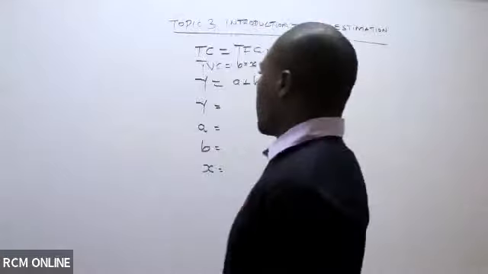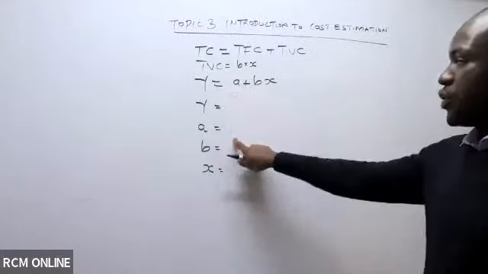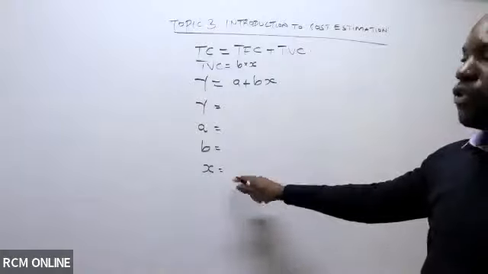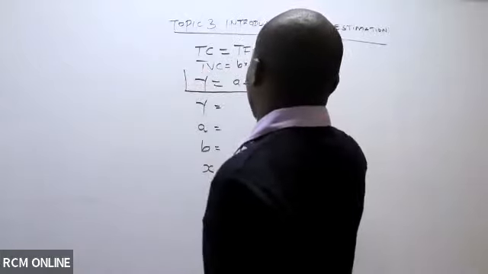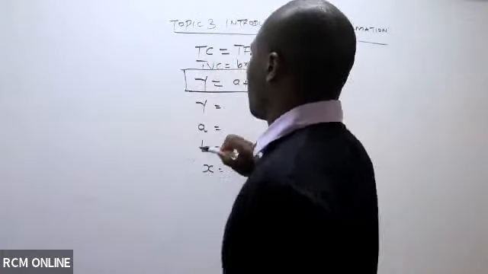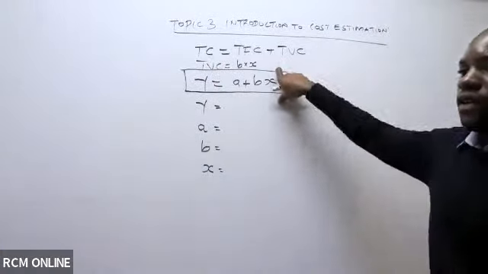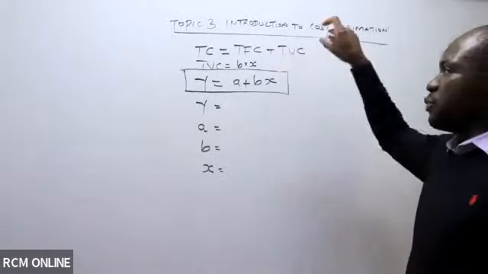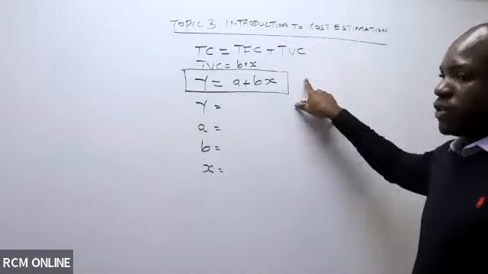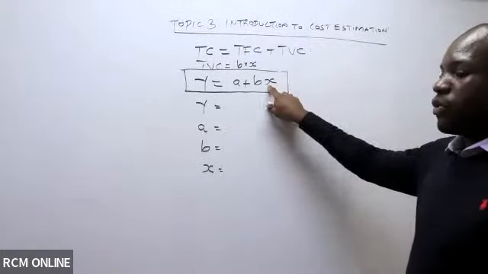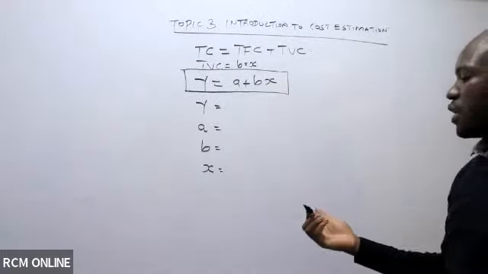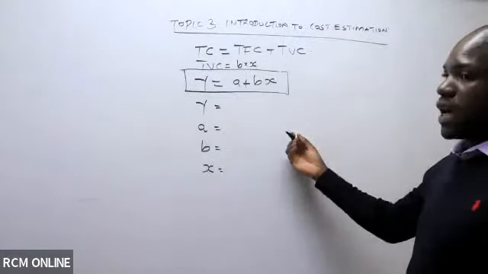Good. Now, the entire topic number 3, you'll be dealing with this. This is the main area of focus. All the methods that involve calculation will be revolving around this. Why are we talking about the simple cost estimation function? It's because we are only dealing with one independent variable. Because when you get to advanced level, number 1, you'll be told to give us computer output.